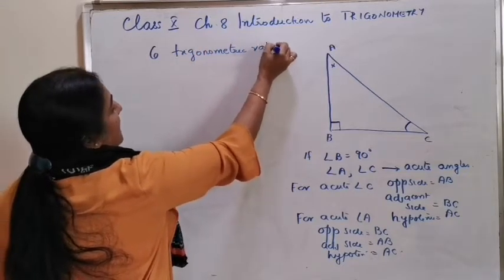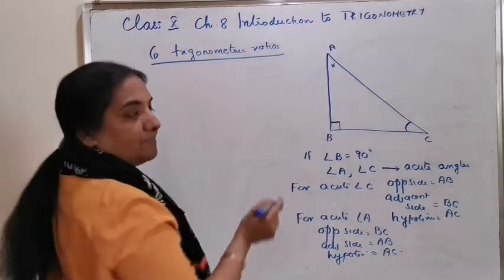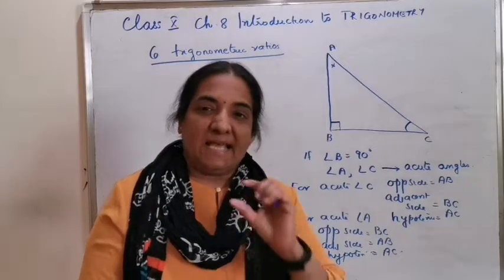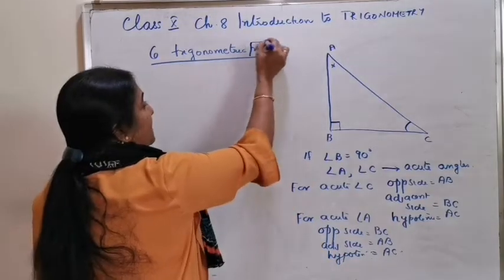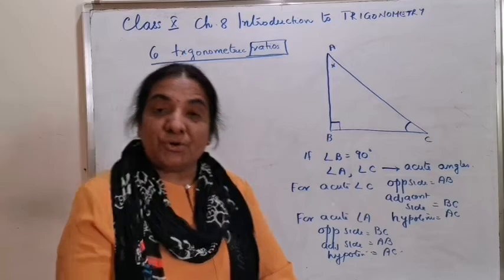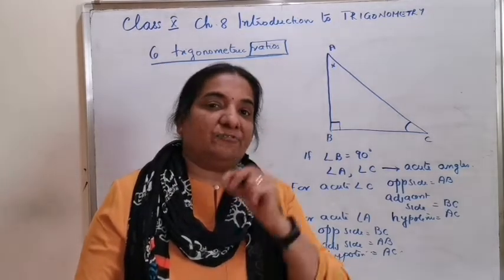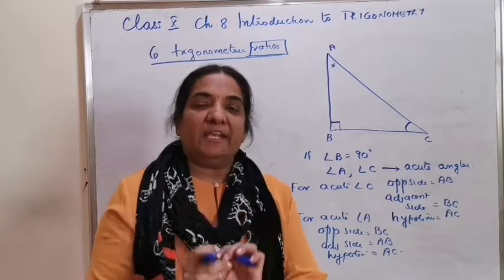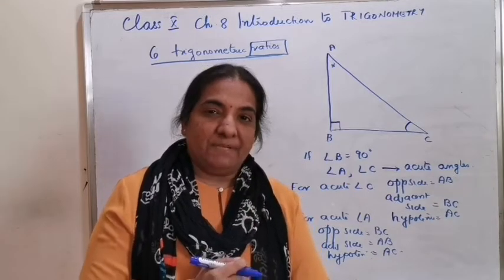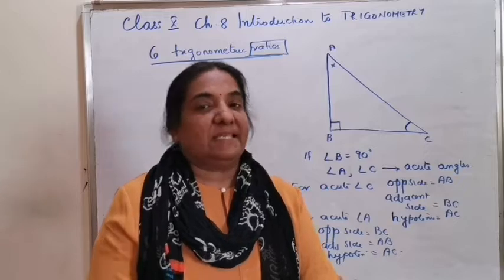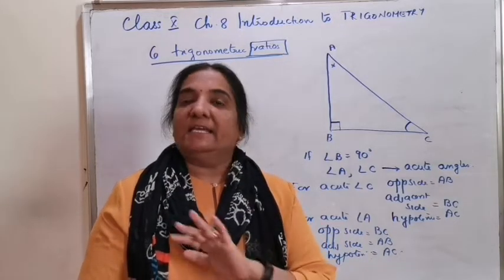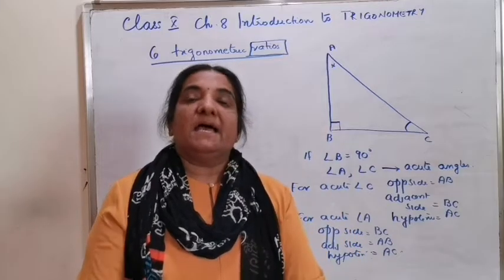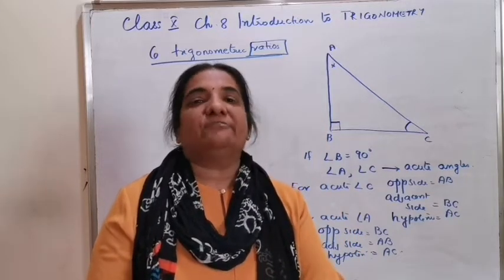And as we said earlier, it is always based on the measure of the sides, and the word ratio shows that it is a fraction value and it will not have any unit. That means a ratio means division, and a ratio will be only the comparison of the same quantities, and so it will not have a unit.